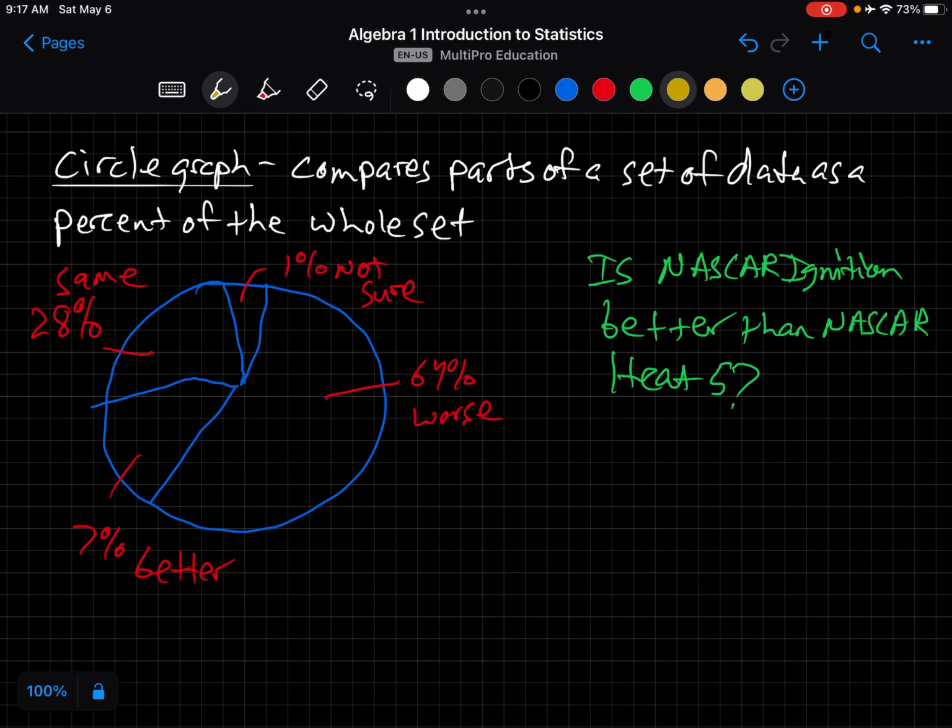And people could replace the word better with worse, not sure, or same. So this is what people answered. And this is made up, this is not true data. This is just an example.